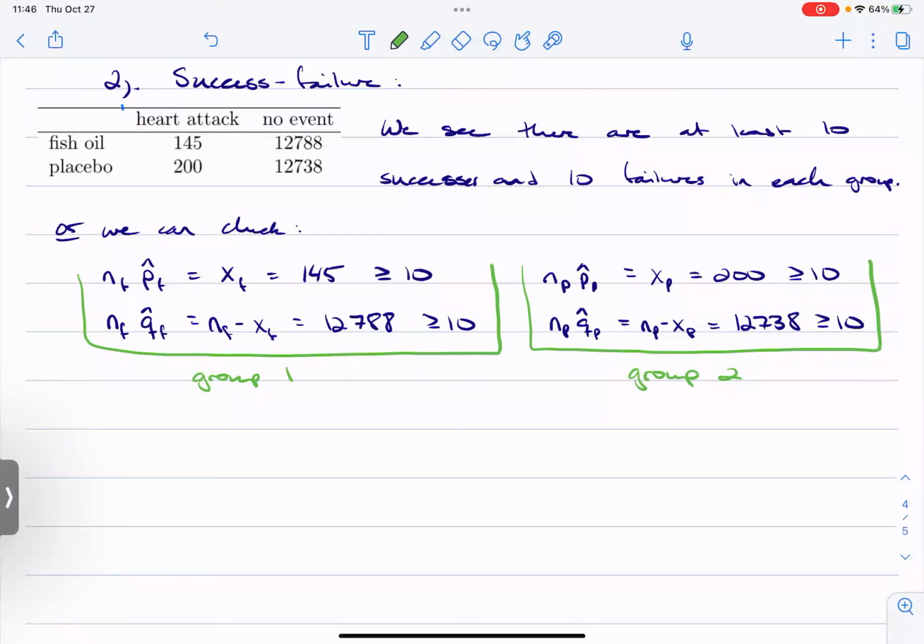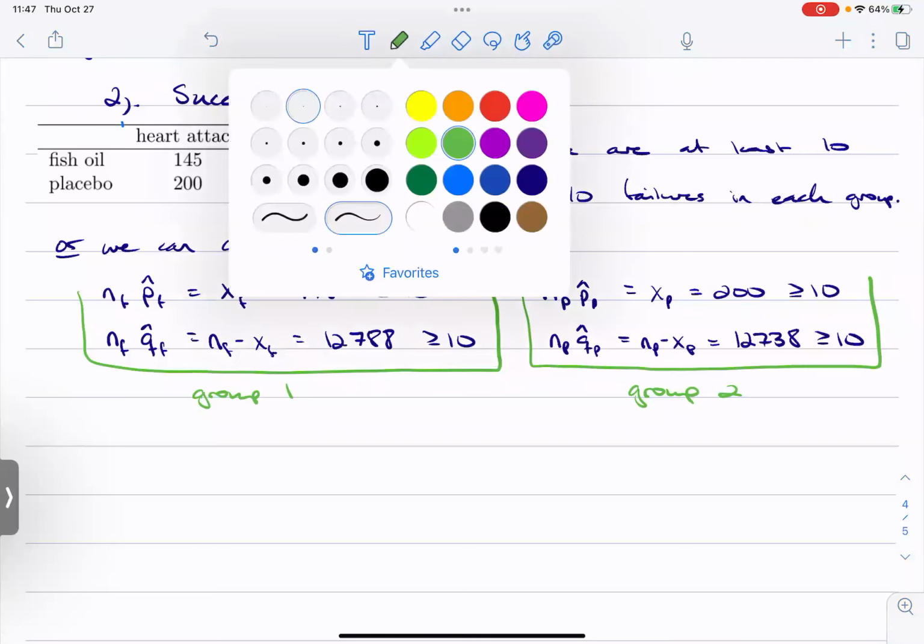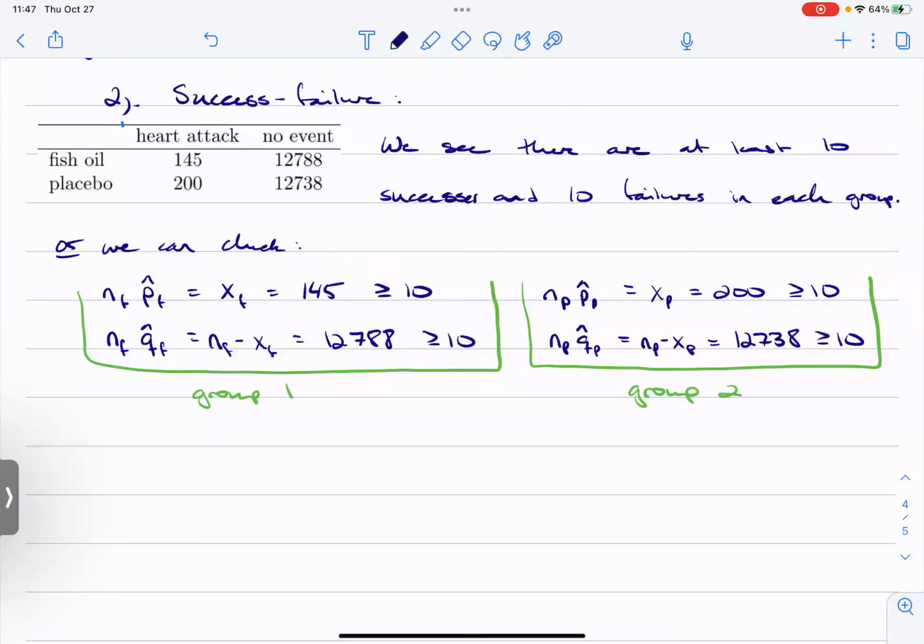Group 2. So you have to check it for both groups. But notice that we see it and we can back it up with the numbers, but this is what we would do if we didn't have just the numbers.